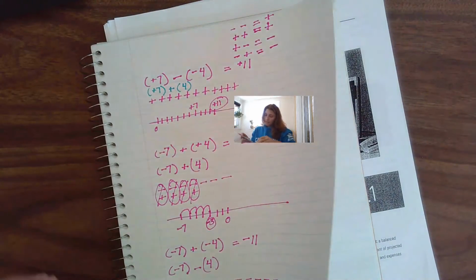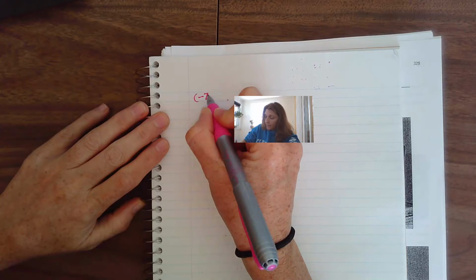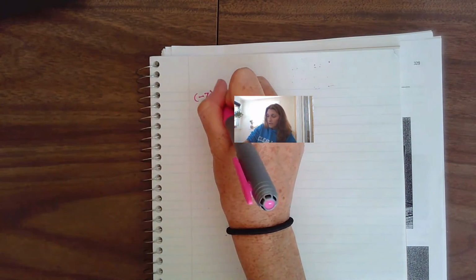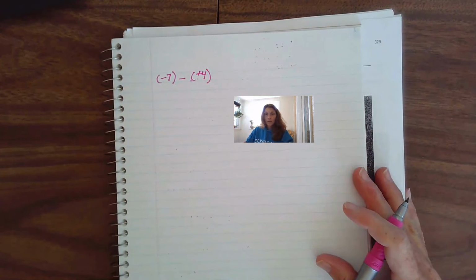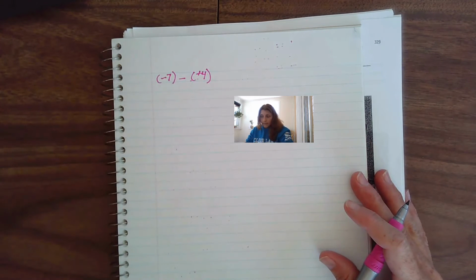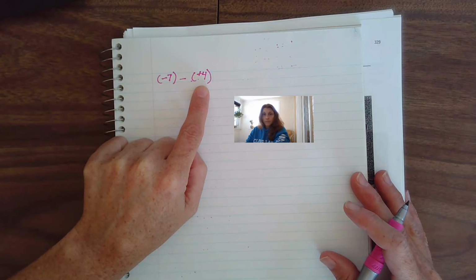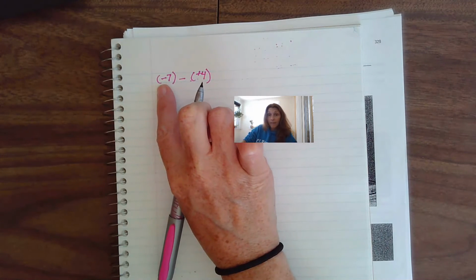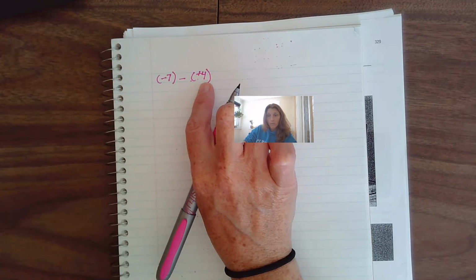If we take the same numbers, starting off with a negative, -7, now we're going to do some subtracting. Okay? We're going to subtract +4. So if we read this, it's like -7 take away 4. So we're at -7, and you're going to take away 4 more.